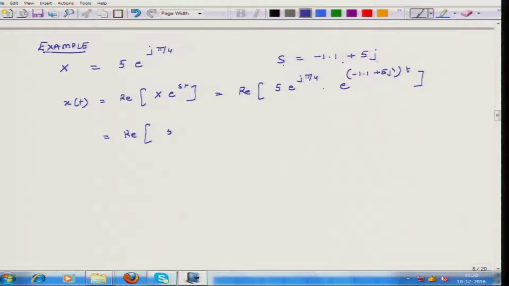I have 5 e to the power of minus 1.1 t, which is the real portion, times e to the power of j (pi over 4 plus 5t), which is the complex portion.